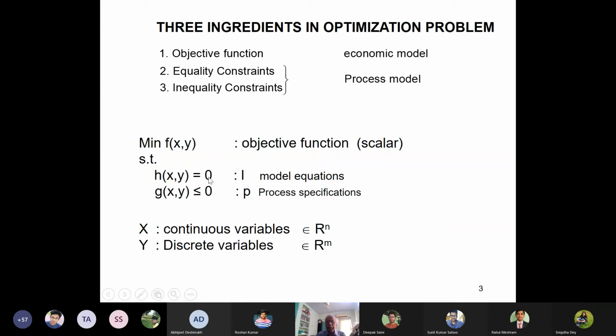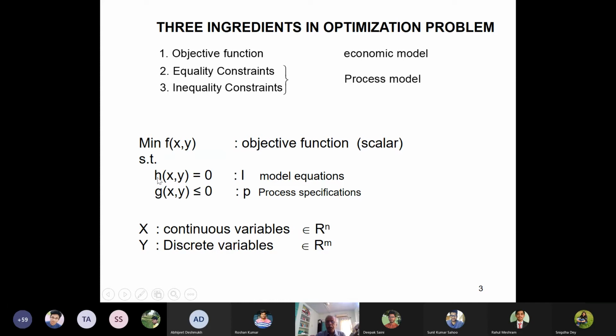If h(x,y) is equal to 0 and your number of degrees of freedom is 0, which means your number of variables and number of equations are same, then we can solve h(x,y) = 0 and get the x and y variables. So there is no optimization involved in this.